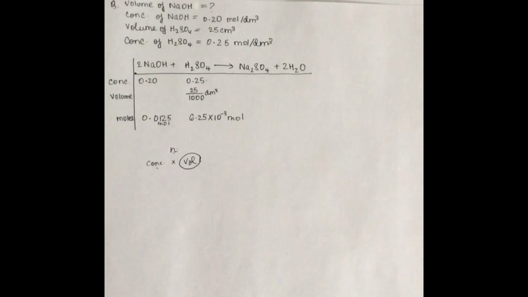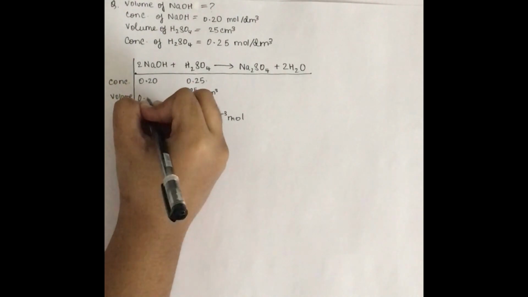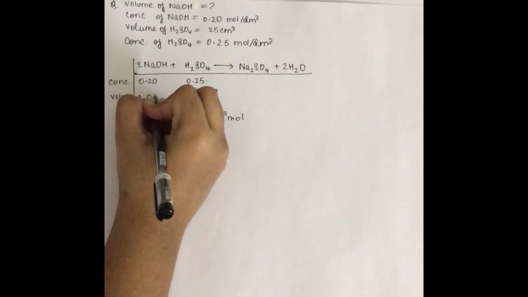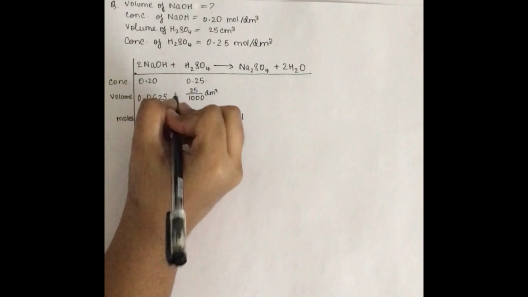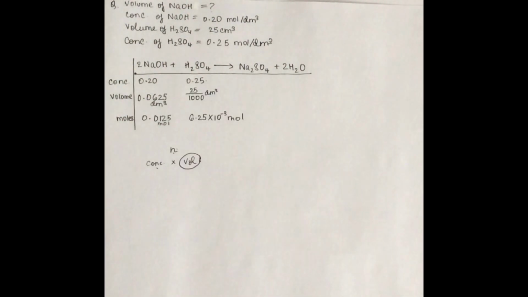So 0.0125 mole divided by 0.20 will give us 0.0625 dm³ of NaOH, and that is the volume of NaOH that we will get.